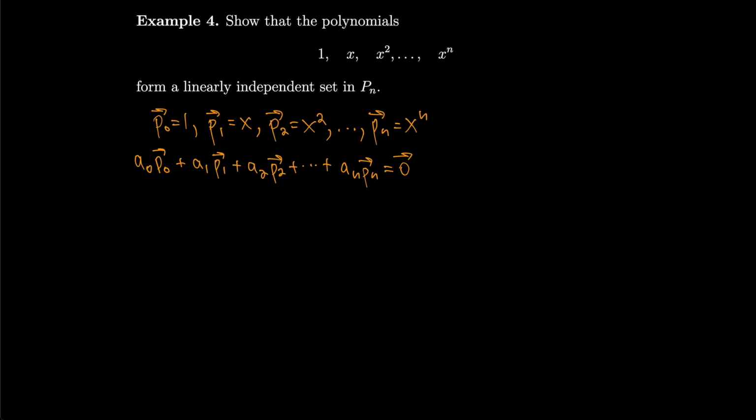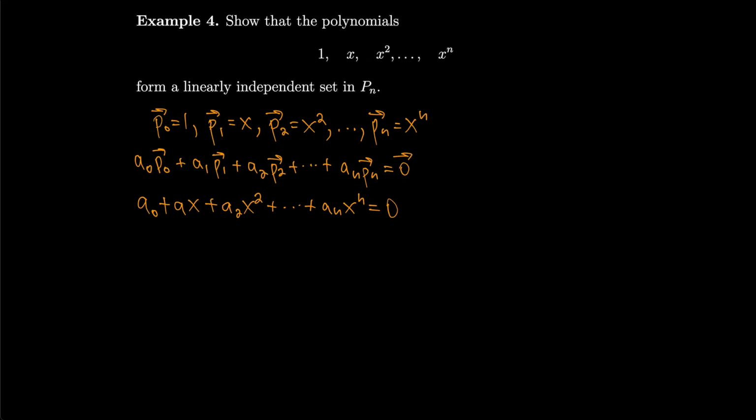Okay, well, let's replace the P's with what I assigned them. So instead of P0, I'll write 1, so that's just a0, plus a1 times P1, well, that's just x, and then a2 times x squared, and so on through an x^n. And that should equal 0, because that's a 0 vector in this case.